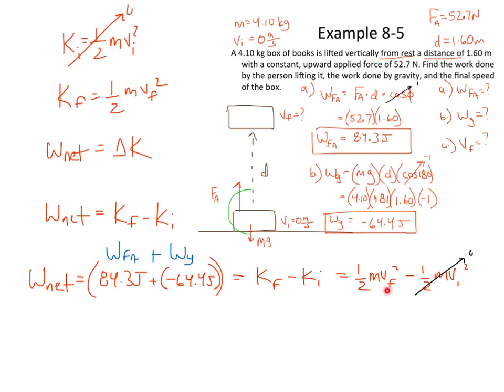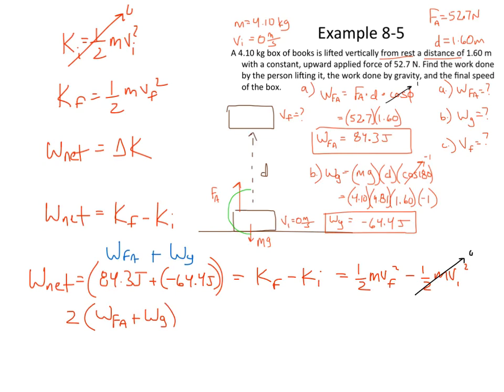is to solve for our final velocity, okay? So our final velocity, what we're going to do is take this 2 and multiply it up. So it's 2 times the work done by the applied force plus the work done by gravity.